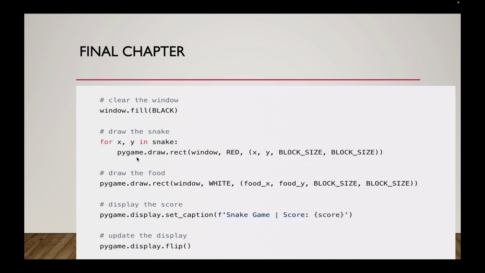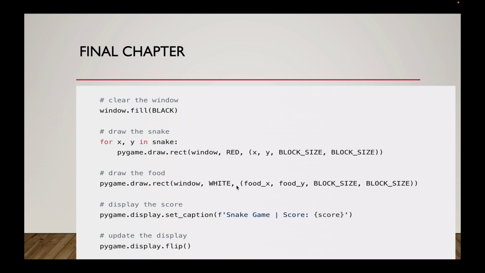Now we will draw with the help of the pygame.draw.rect method. So we are passing window, color, and this coordinate, x coordinate, y coordinate, block size, and block size again. Now draw the food.